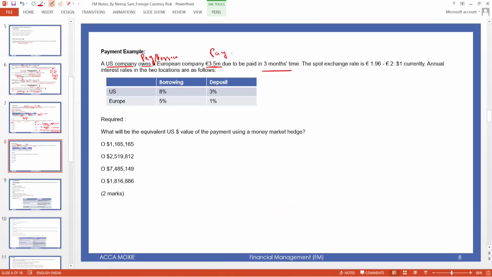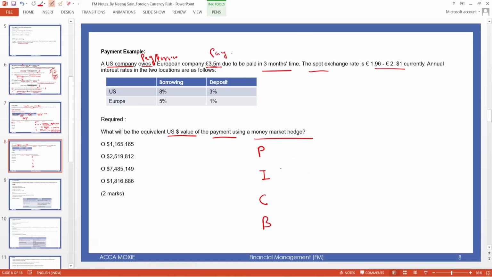The spot exchange rate and the current annual interest rates are given. What will be the equivalent US dollar value of the payment using a money market hedge? So for payment it is I C E, invest, convert, borrow.